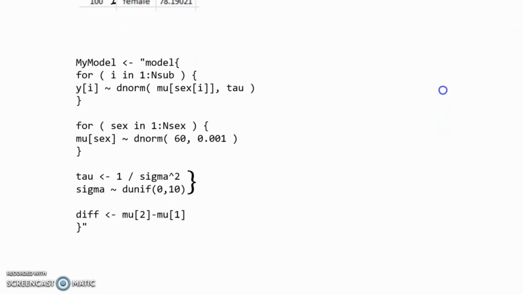So here's our model. Again, we start with open quote, the word model, open curly brace, close curly brace, close quote. So that's our model. And what we have in this block here is a for loop with its opened and closed braces.